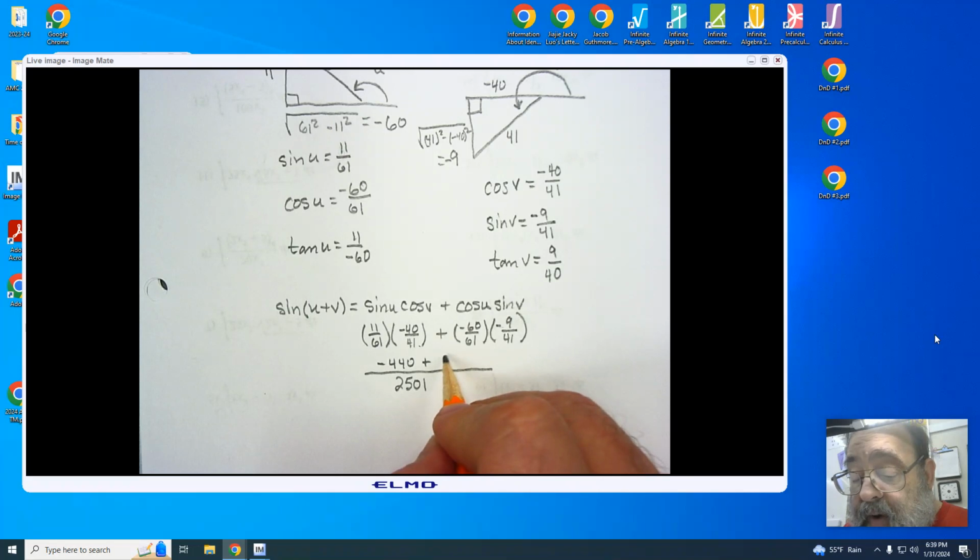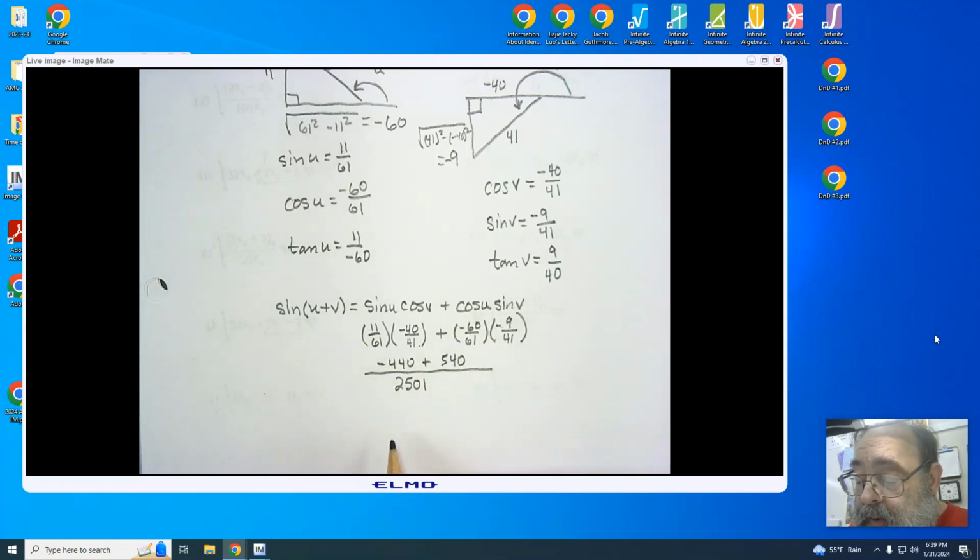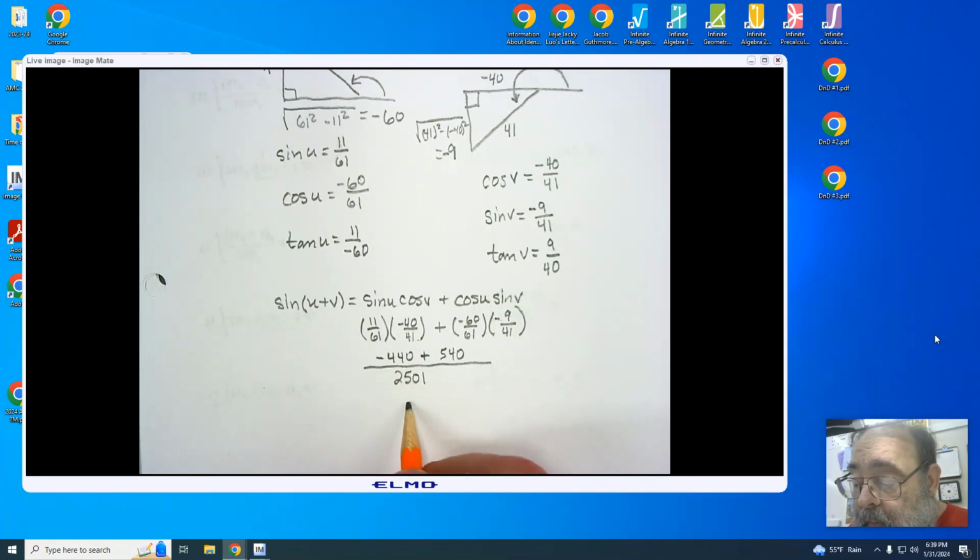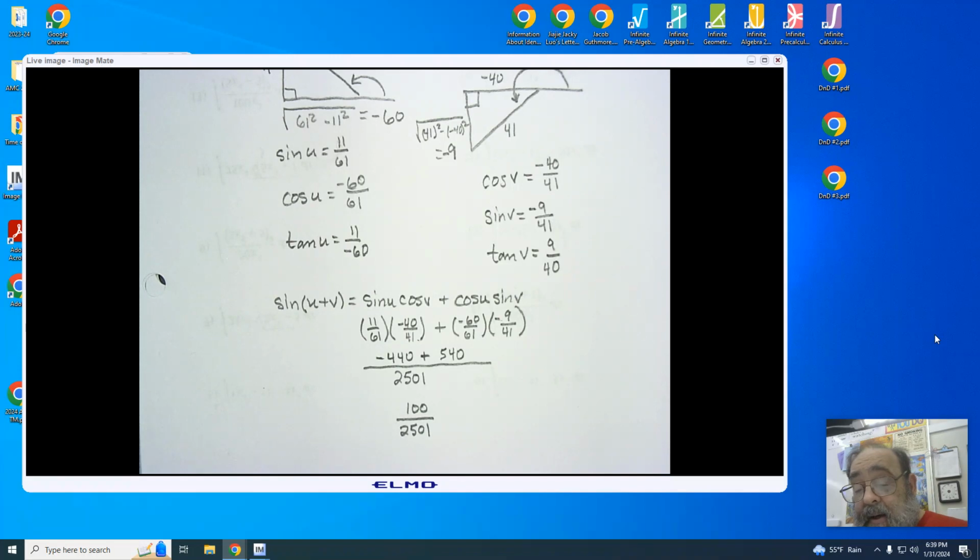We end up getting 540. Notice that when we subtract, we end up with 100 over 2,501. I'm going to leave it like that. If I tried to reduce it, I could very easily cause problems, and I'm not too worried about it.